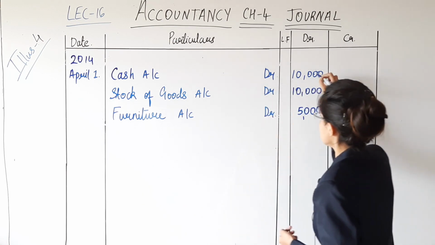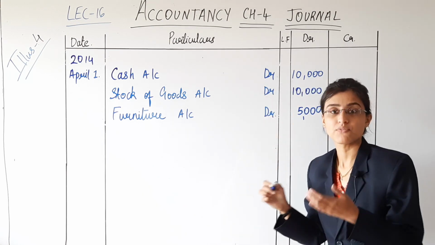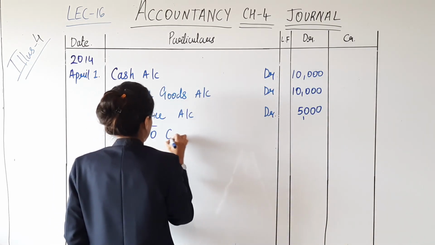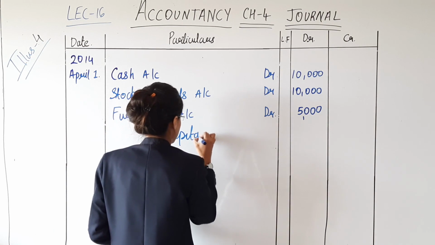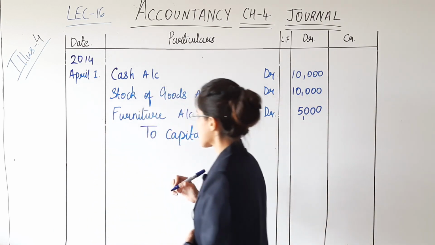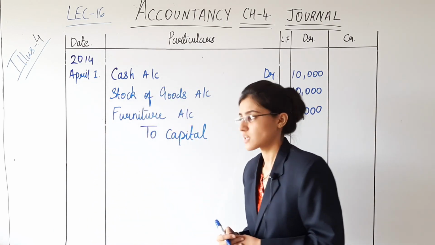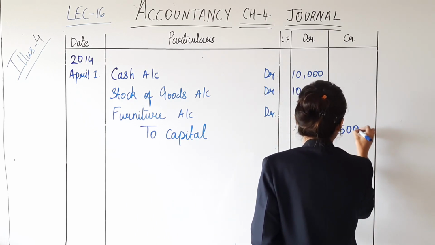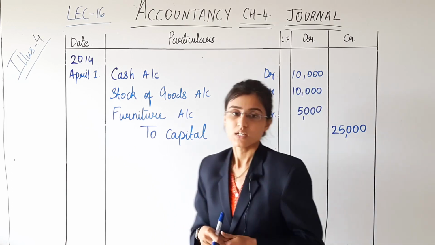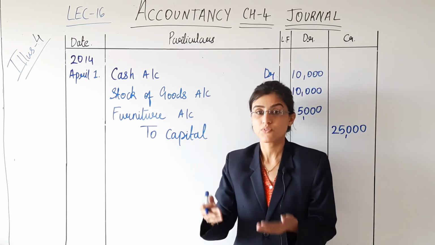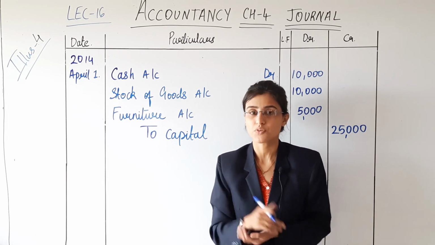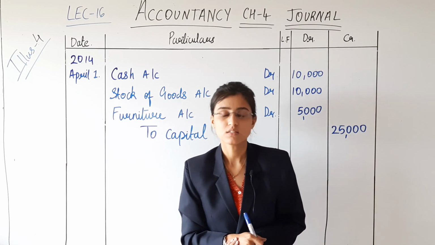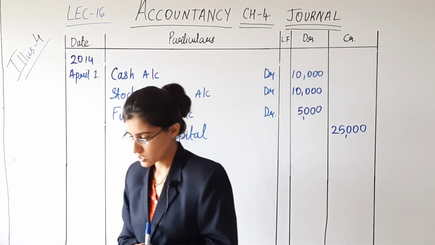Right, then 10 plus 10, 20 plus 5, 25. So this is an investment and it is capital. Anything brought in the business for commencement of business is always capital. So it is 25,000. Alright. So this is the journal entry for commencement of business, introduction of capital, cash or in the form of an asset. Let us see the next transaction.